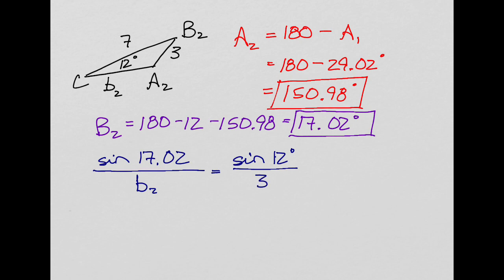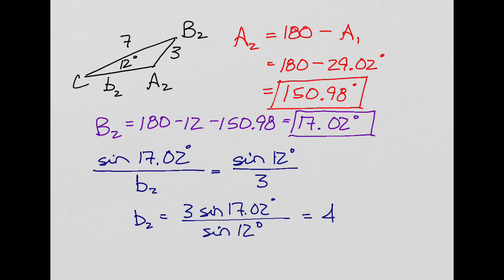Multiply by 3, multiply by B2, then divide, and we'll get the length of side B2. And when all the dust has settled, we get a length of 4.22. And we have now found all the information about both triangles.